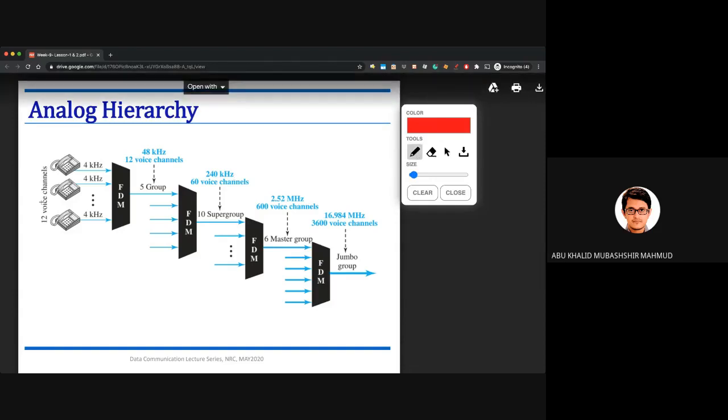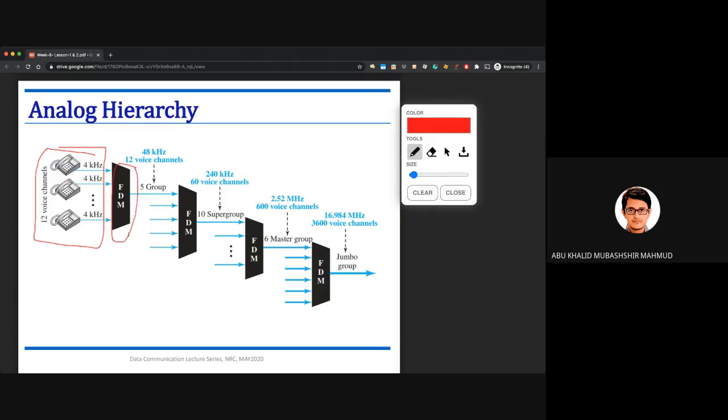What we are getting here is that we are connected to a multiplexer, or a mux, which contains 12 voice channels, each of 4 kilohertz, which is combined into a single channel of 48 kilohertz.